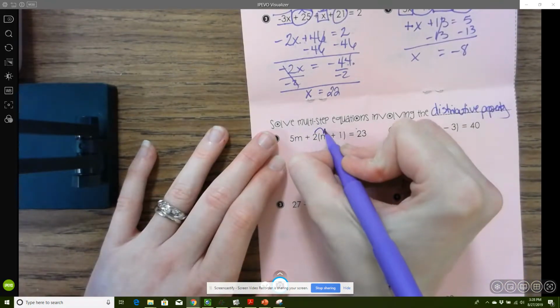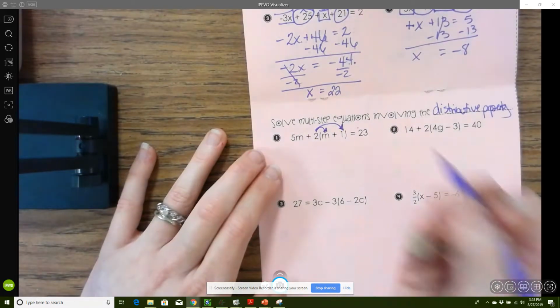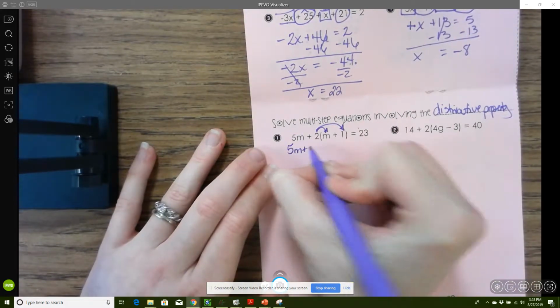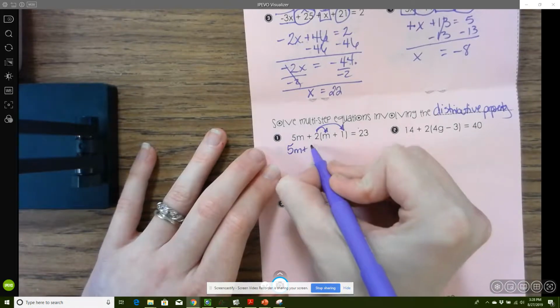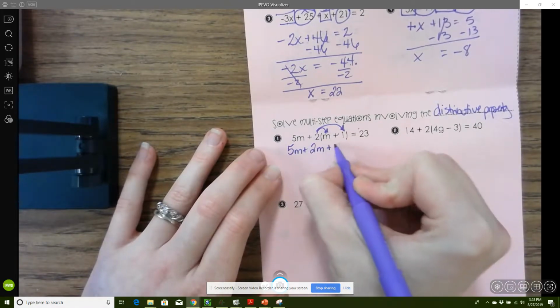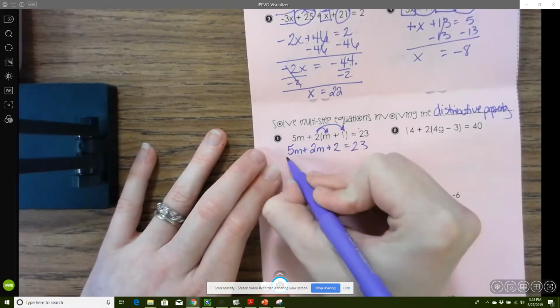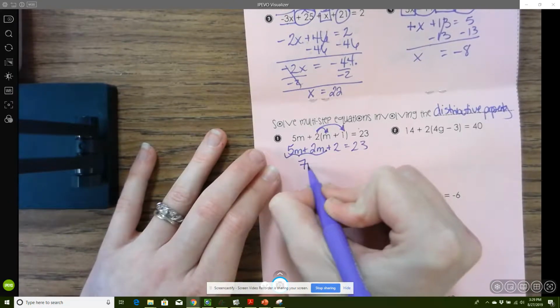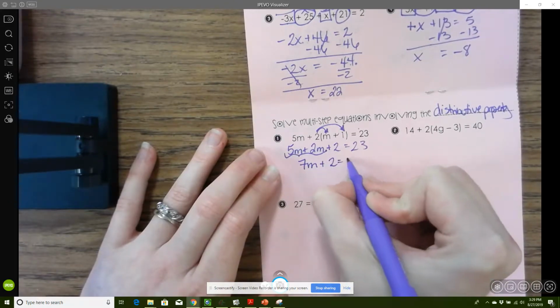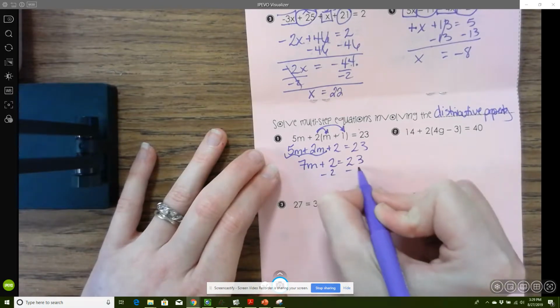Okay, so we've got to distribute first, and then we will have to combine. So 5m stays the same. 2 times m is 2m. 2 times 1 is 2. And then here I've got like terms, so I've got 7m plus 2 equals 23.